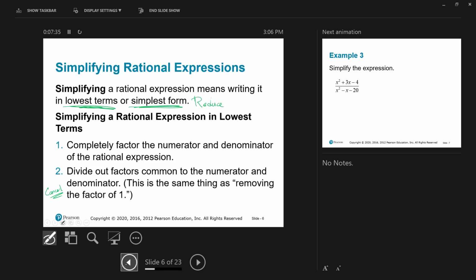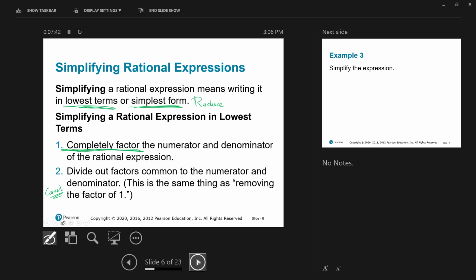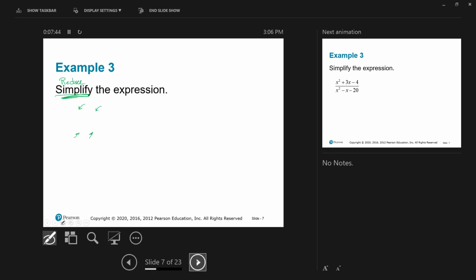So if you remember the very first step here, we need to completely factor the denominator and the numerator. So I'm going to let you do the work on factoring, and hopefully we'll agree on how it looks when we factor it.